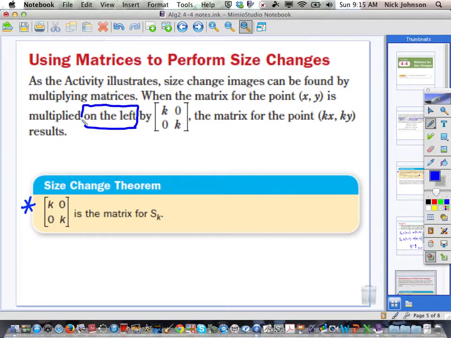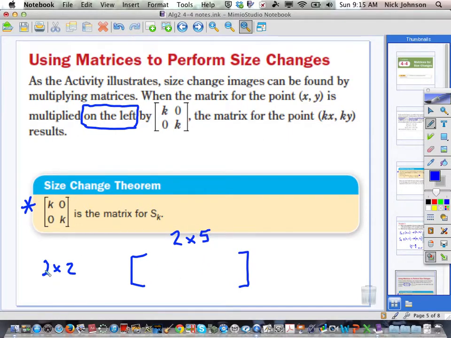Okay? Why? Because this is a 2 by 2. And when you multiply it to some coordinate matrix, this is always going to be a 2 by something. Now, if you have 5 points, okay, that means you have 5 columns.